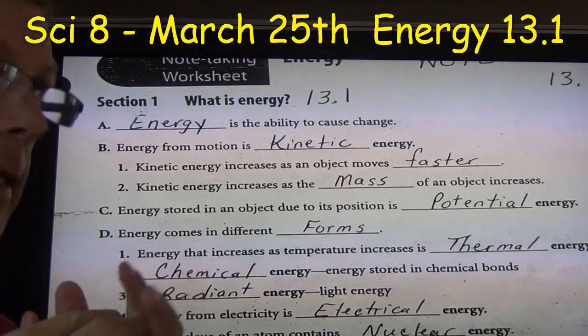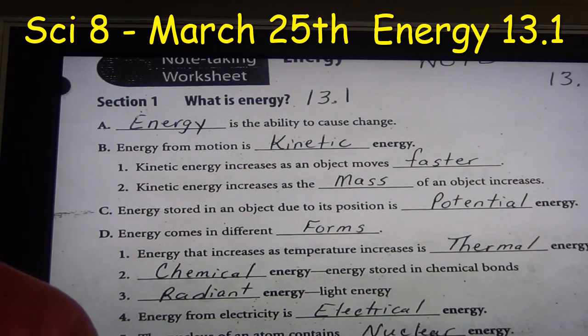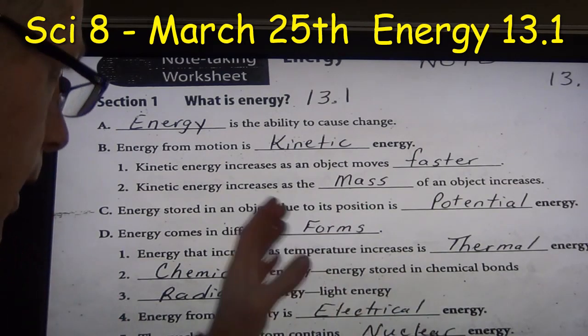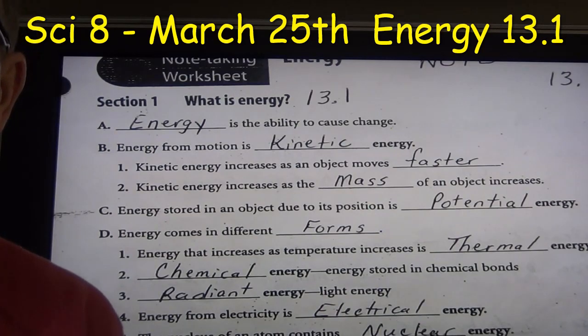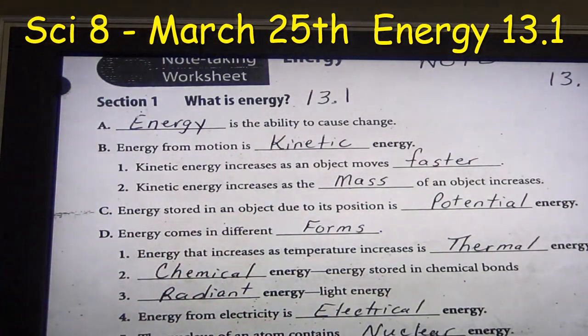The next one is chemical energy, and that's just the energy that is stored in chemical bonds. Anytime we can break something apart, not just physically, not just ripping a piece of paper, but when we burn something or think about our chemical changes, think about chemical energy, all right? It's the bonds being broken when we have those chemical energies that change.